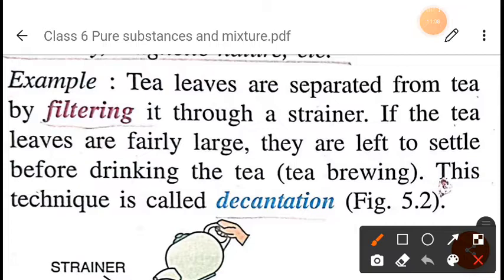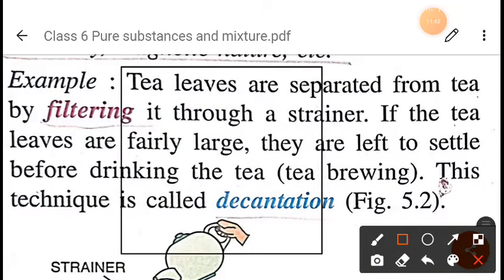What we can see, when you are making tea in our home using tea leaves, we are using a filter net like substance to separate the tea leaves from the tea we have made, right? Or sometimes, if the tea leaves are bigger in size, we will leave that tea for some time. What you will see is that after some time, whatever tea leaves were there will go and deposit in the bottom of the container like this, right?